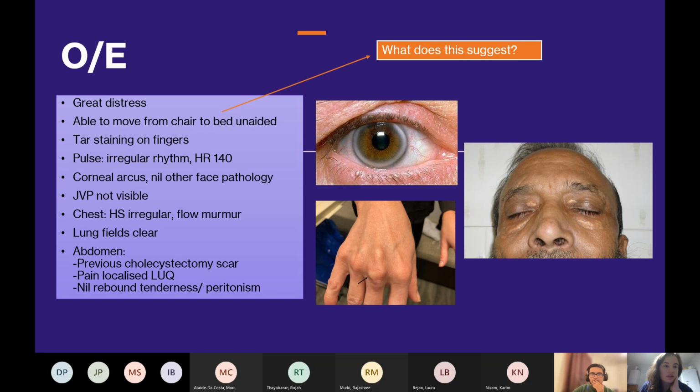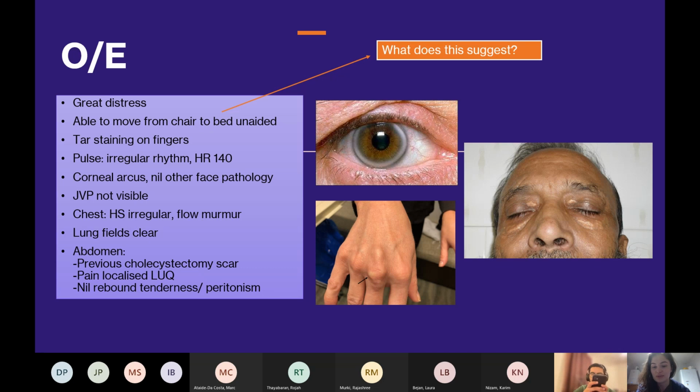So I think a better way for me to phrase this is, if he was not able to move, to sit up in bed, if you press his abdomen and it's really rigid and he's really uncomfortable and screams out in pain, what would that suggest to you? Which would be quite an urgent finding.